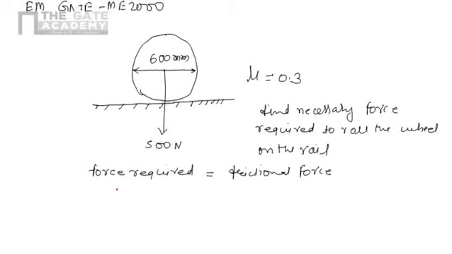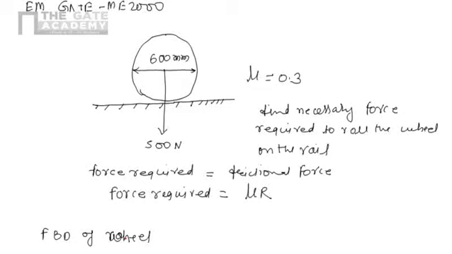So the force required will be the frictional force, and the frictional force we know is nothing but mu R. And now we draw the free body diagram of the wheel.